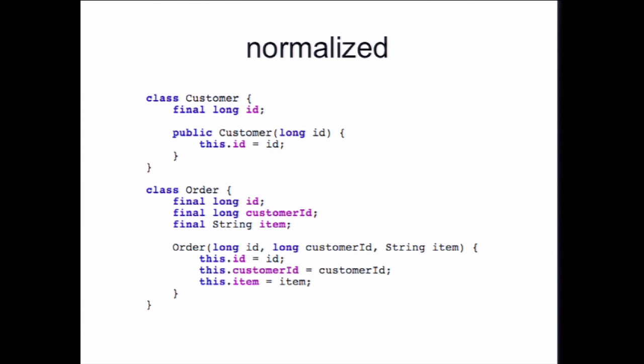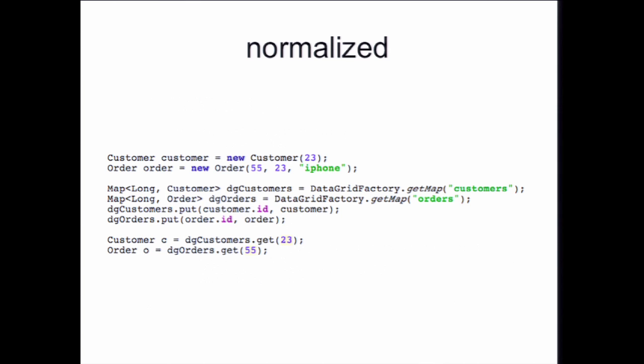So also, how are we going to store our data? What's the way of storing it? One normalized way that we all know from the relational database world: customer is a customer, order is totally separate. There's a foreign key relation, right?